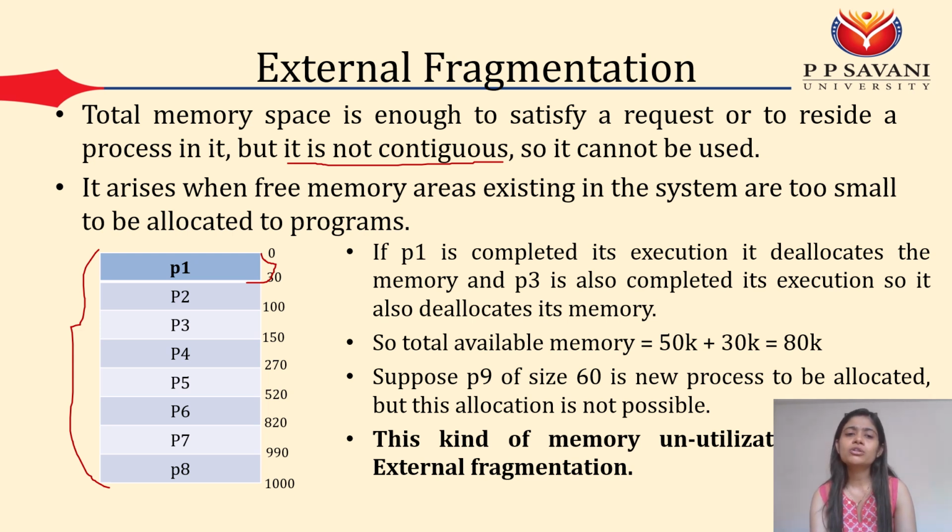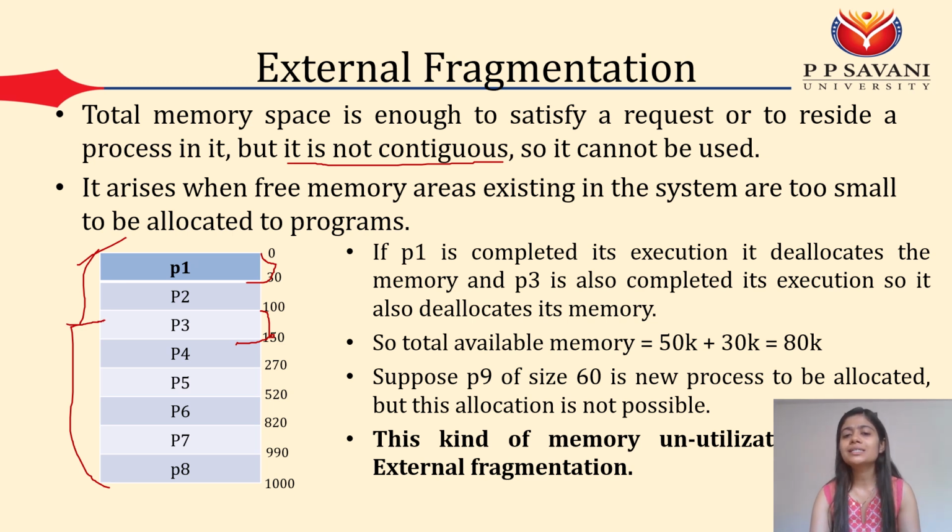After that, let's say P3 also completes its execution and deallocates its memory. The size of the P3 partition is 100 to 150, that means 50 MB. So P1 has completed its execution and P3 has also completed its execution, which means these two partitions are currently free in main memory.